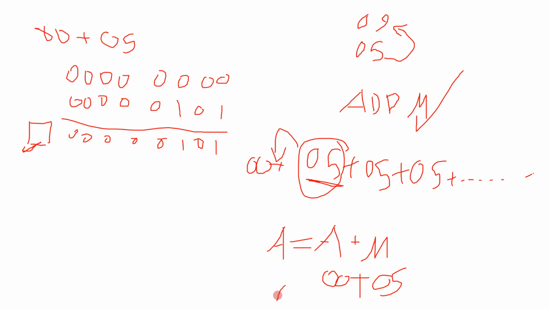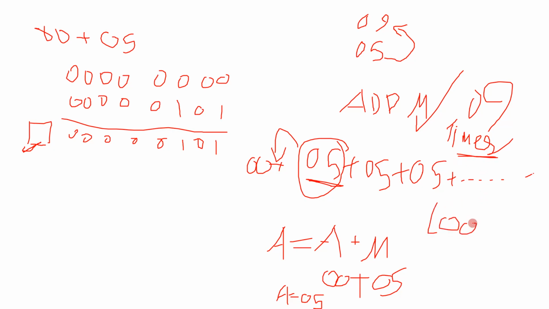And the result will be stored in the accumulator itself. This ADD M instruction should be performed how many times? 9 times. To perform it 9 times, loops should be used.